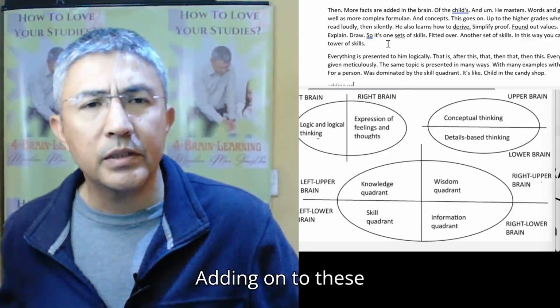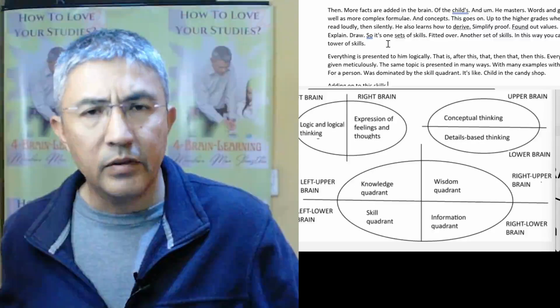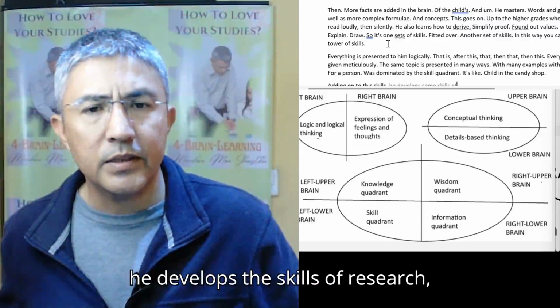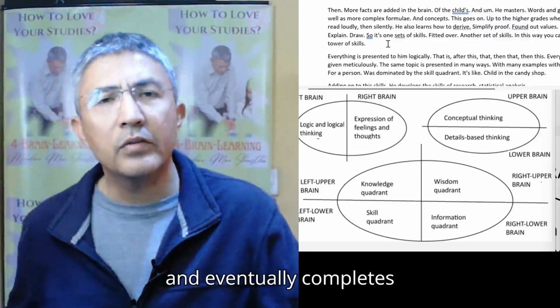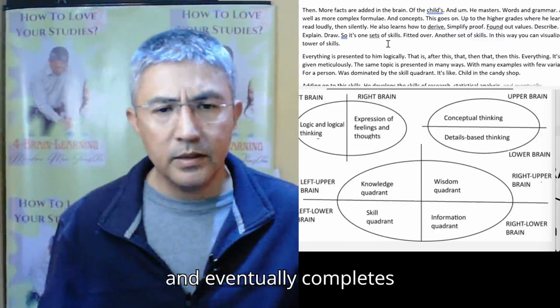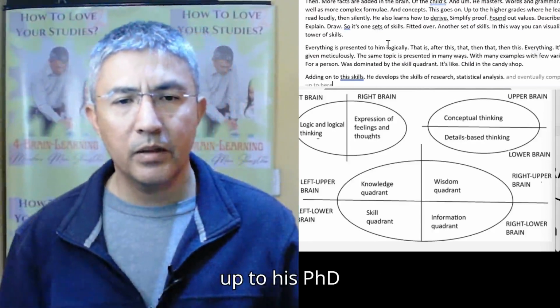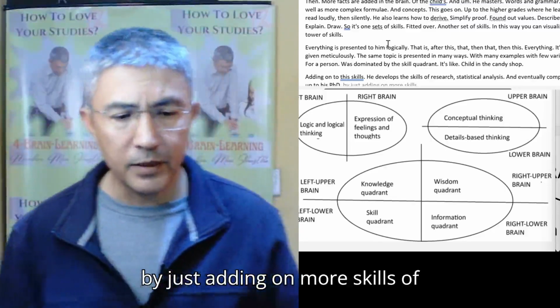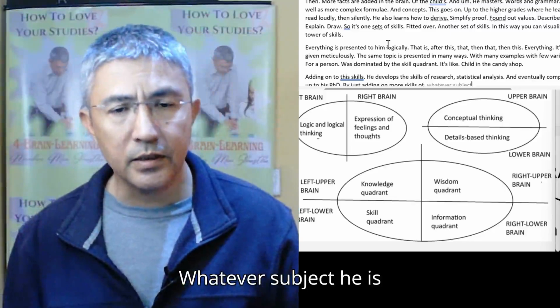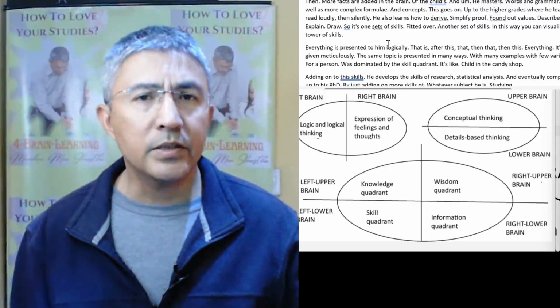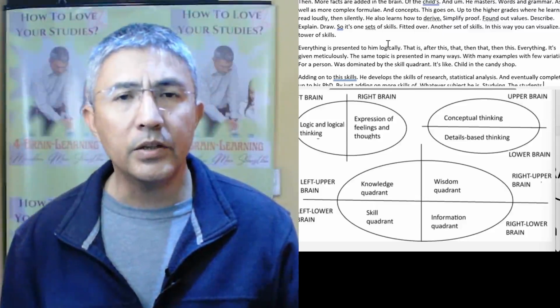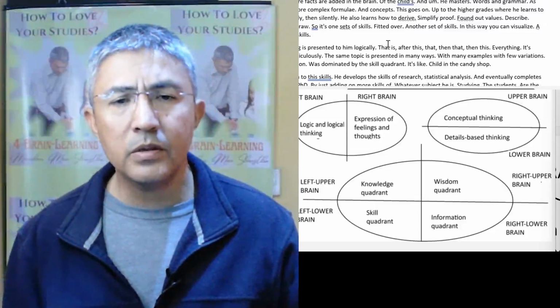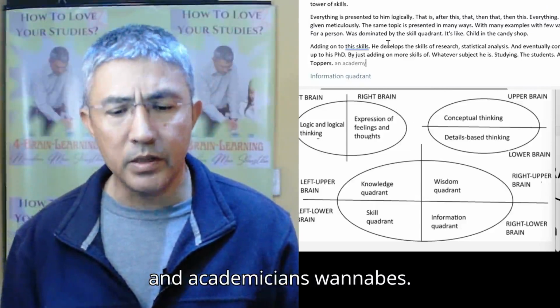Adding on to these skills, he develops the skills of research, statistical analysis, and eventually completes up to his PhD by just adding on more skills of whatever subject he is studying. These students are the toppers and academician wannabes.